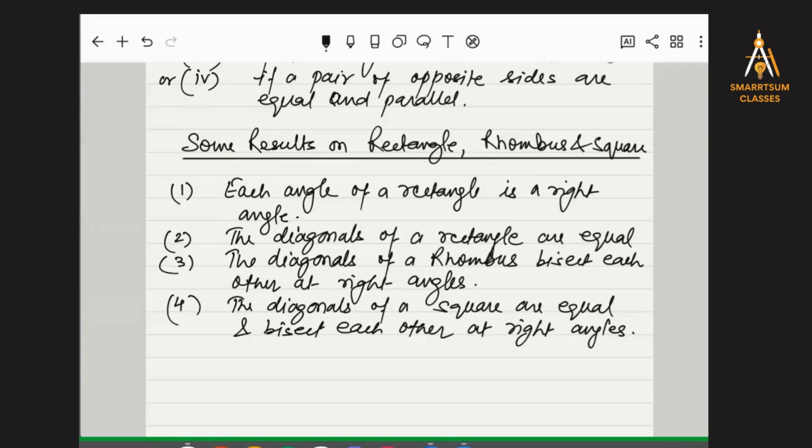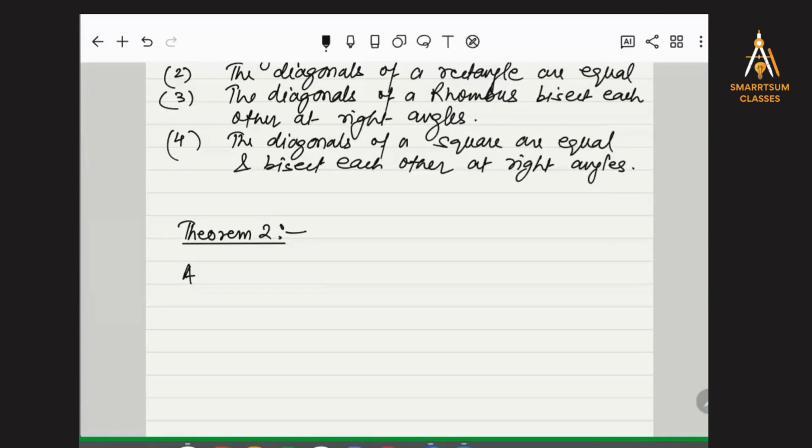But for a rhombus, diagonals are not equal. This is the difference between a rhombus and a square. Square is a rhombus, but rhombus is not a square, because for a rhombus the diagonals may or may not be equal. So square is a special case of rhombus where diagonals are equal. Getting that? So these are certain results on rectangle, rhombus, and square. Please note down.